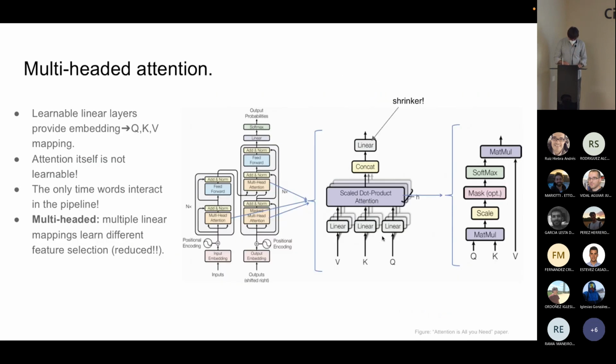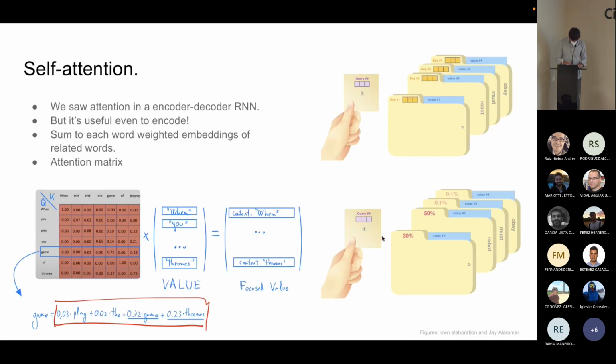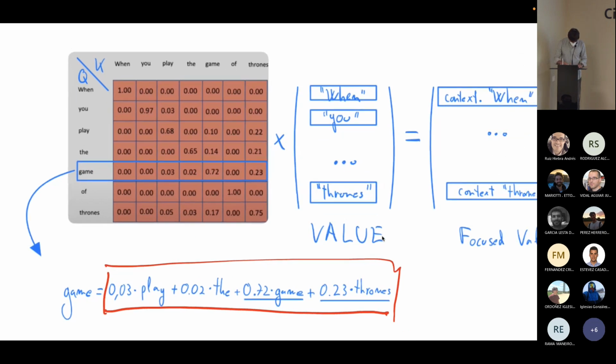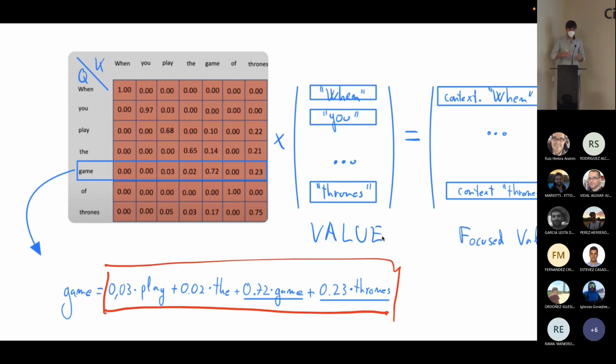Good question. You can see here that when we want to contextualize game and we take the word game, if we put a 1 in the diagonal, that would mean that all the meaning of game came from the game word itself, and we don't want to do that.